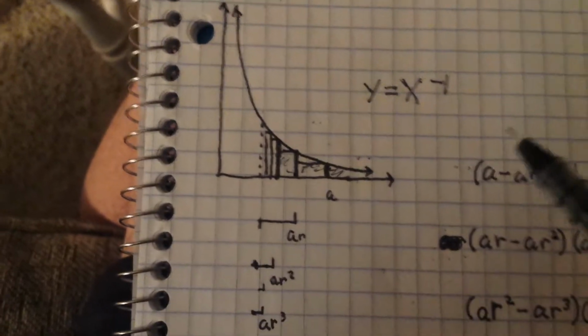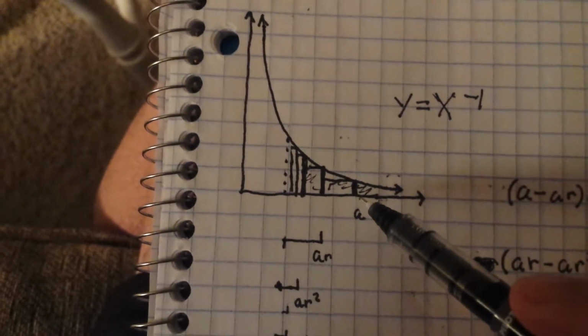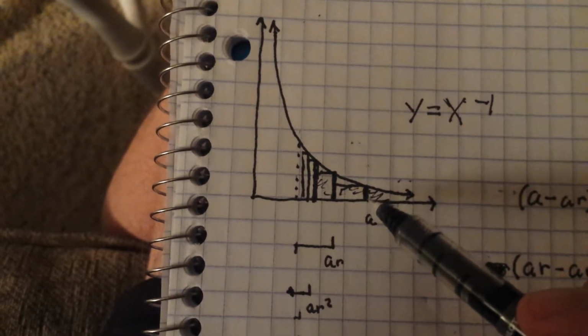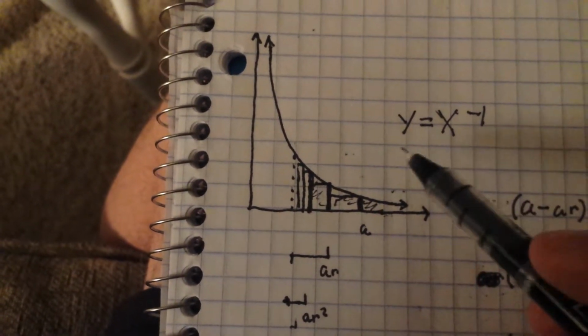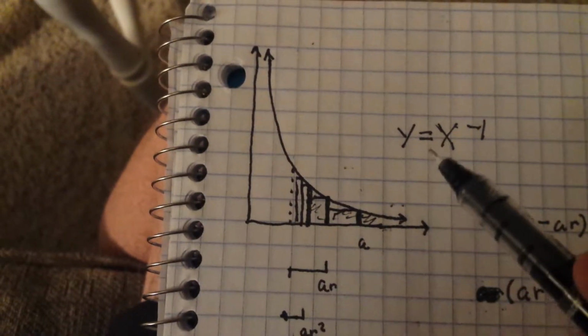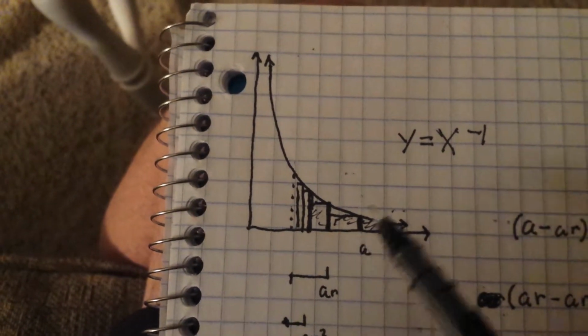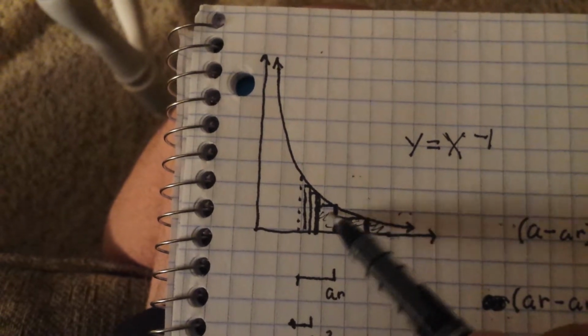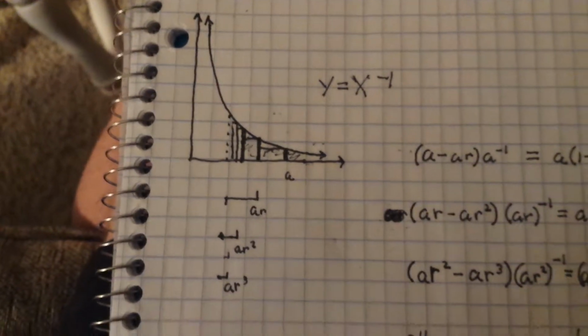Okay. One of his contemporaries noticed, however, that when you try to apply Fermat's technique to the hyperbola, to y equals x to the negative 1, the areas of all these rectangles are actually equal. Okay?